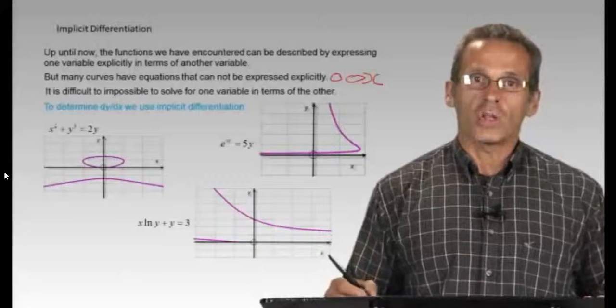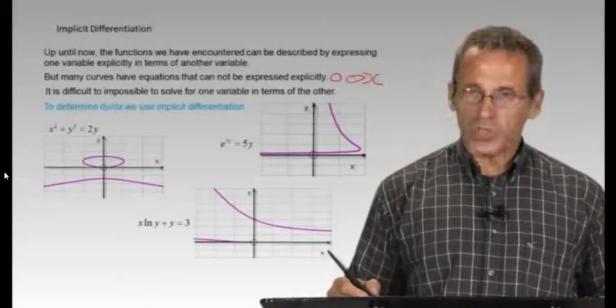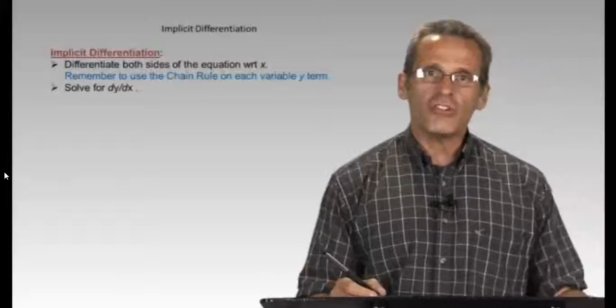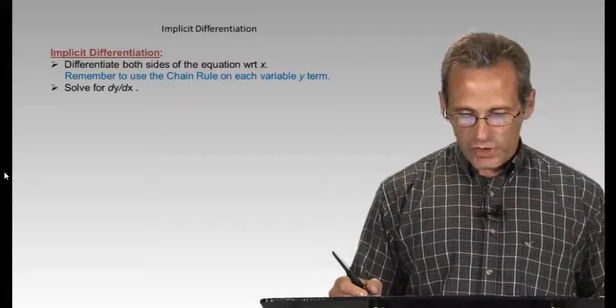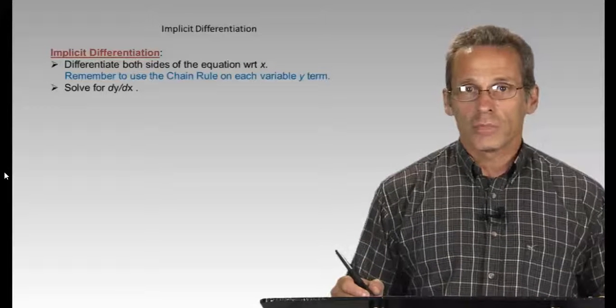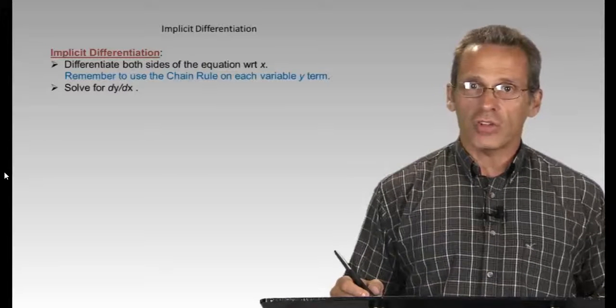So our goal is to determine dy/dx, and we will use implicit differentiation. Implicit differentiation consists of two steps. The first is to differentiate both sides of the equation with respect to x. When performing the differentiation, remember y is a function of x.